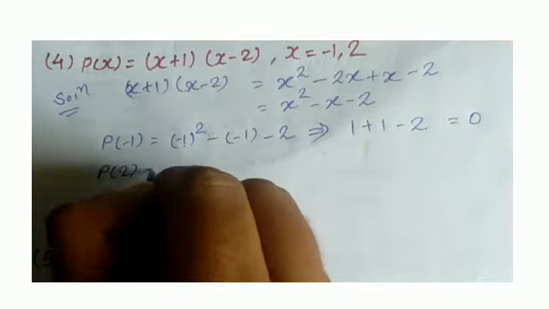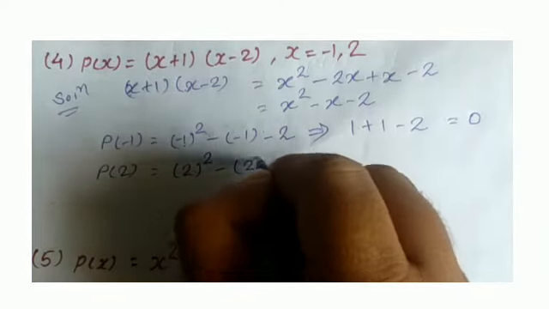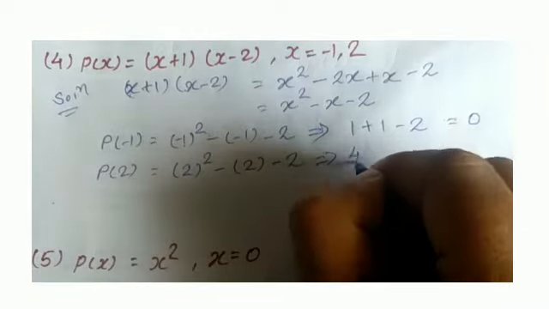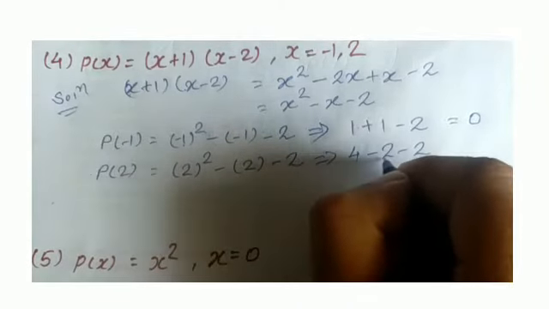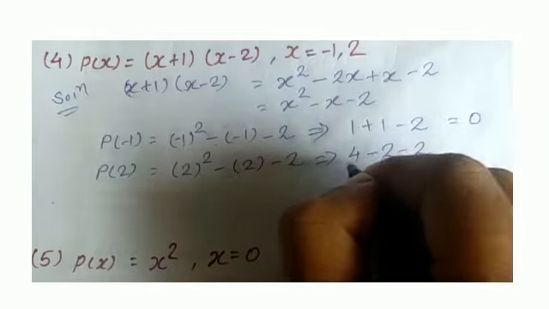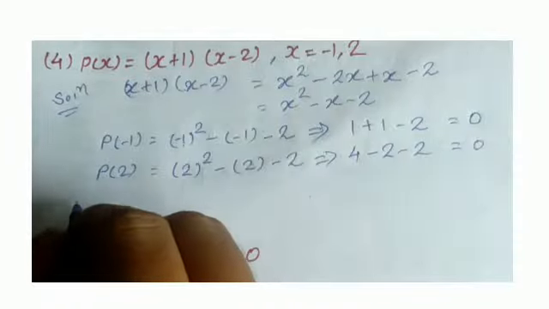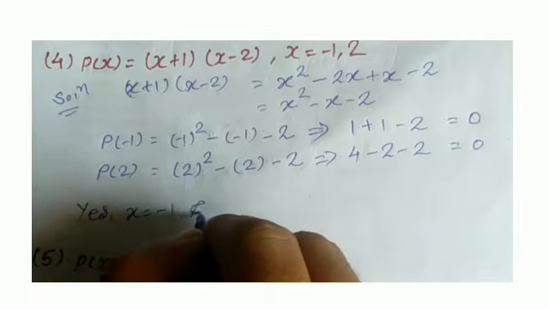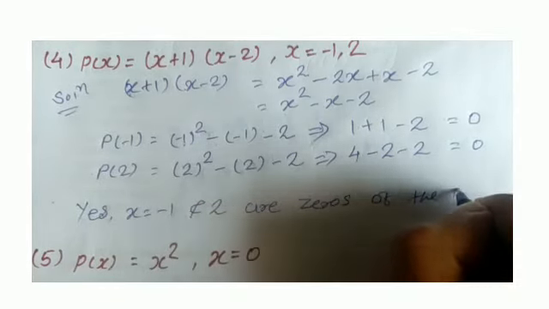Now P of 2 is equal to 2 square minus 2 minus 2. What is the square of 2? Of course 4, minus 2 minus 2. So 4 minus 2 is equal to 2 and 2 minus 2 is equal to 0. So we can write yes, x is equal to minus 1 and 2 are zeros of the polynomial.